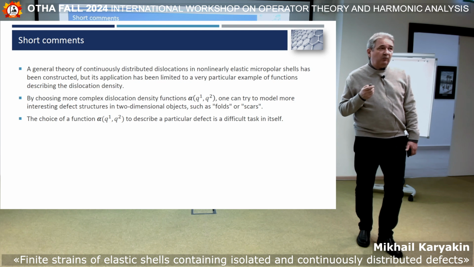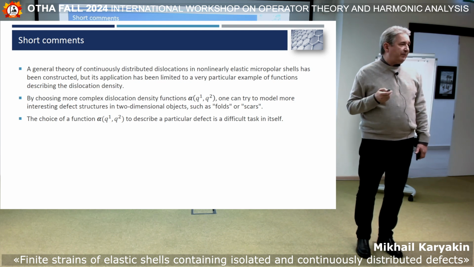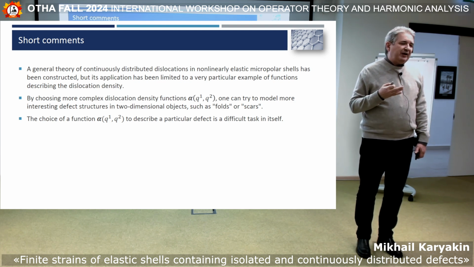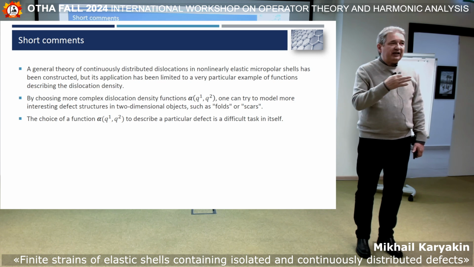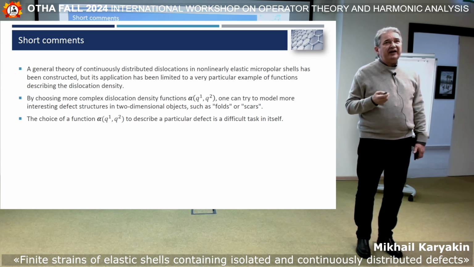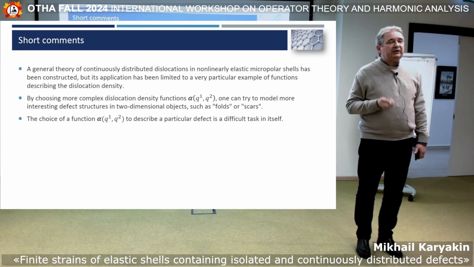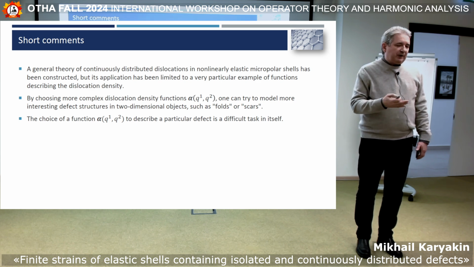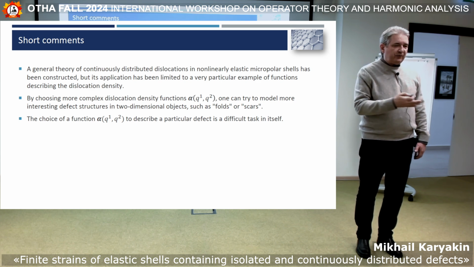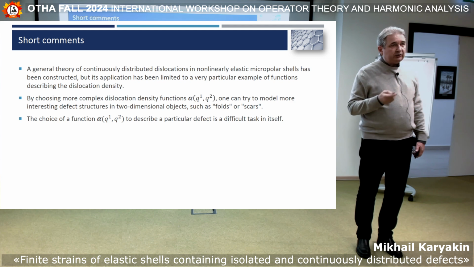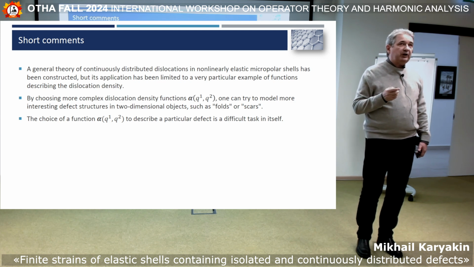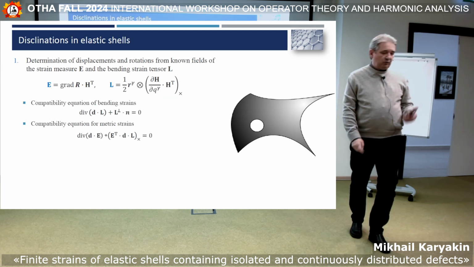And again, one interesting problem: what if I want to reflect the real field of dislocation density, or the dislocation structure we see in real life? Then the question is how to choose that alpha function to provide the structure of the surface we see in a real physical experiment. Of course, it's another interesting inverse problem. We are thinking about it, but we don't know how to solve it now. Maybe in a year I can show you some results.